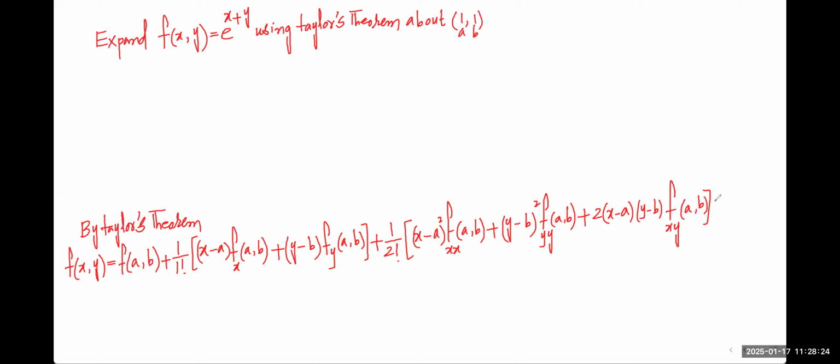I'm not writing the third degree. Third degree means you can go for 1 by 3 factorial, but for this problem it is not required to find the third degree, because in our question it is not mentioned to go up to third degree.